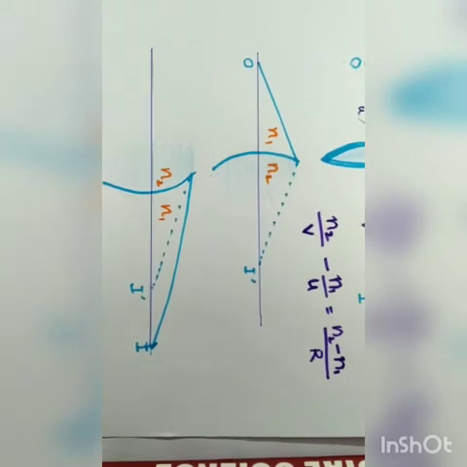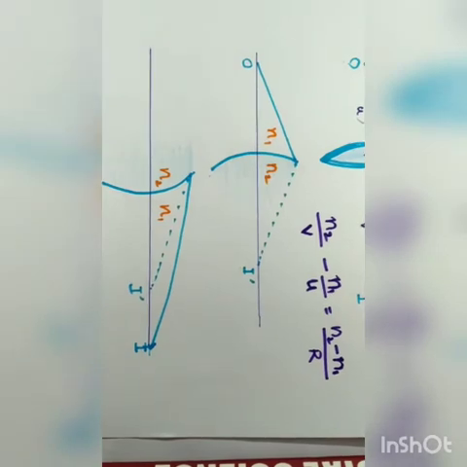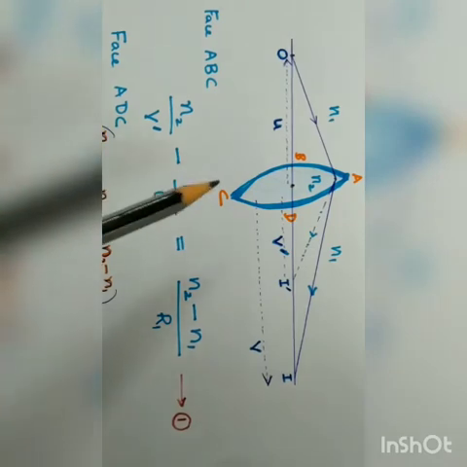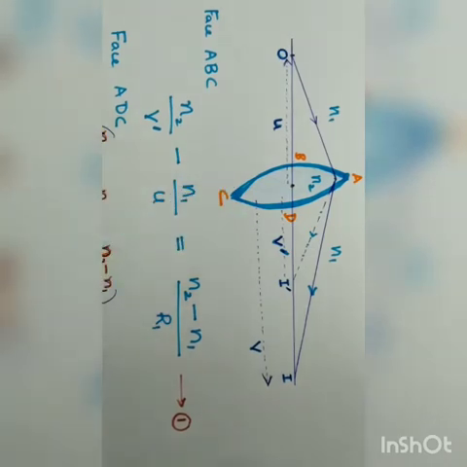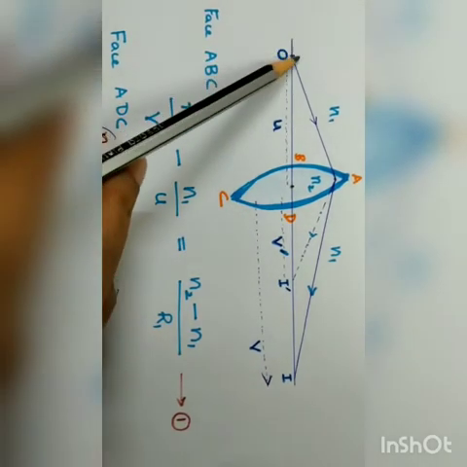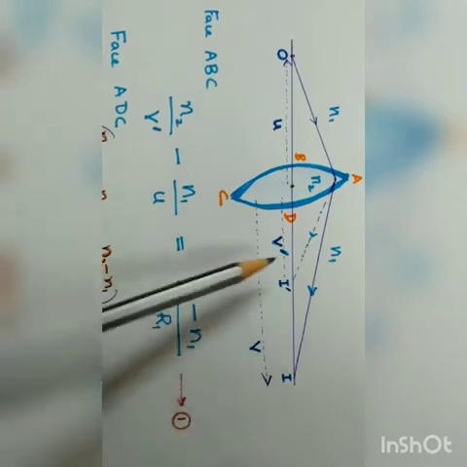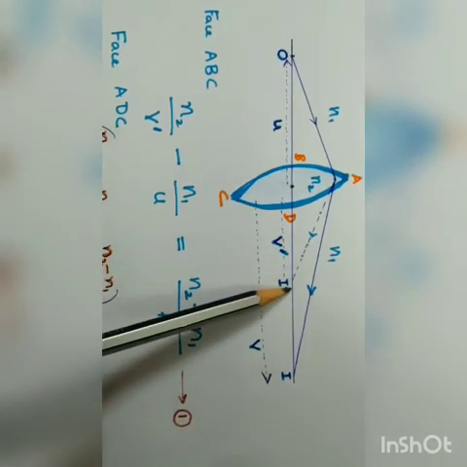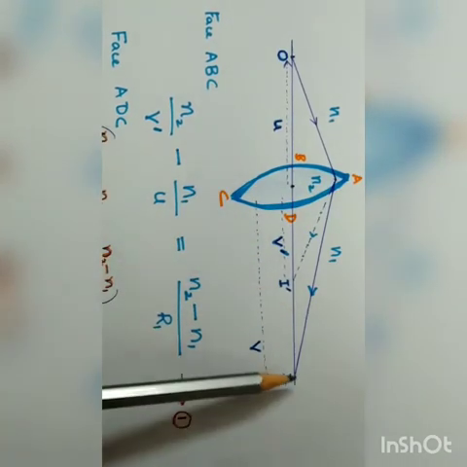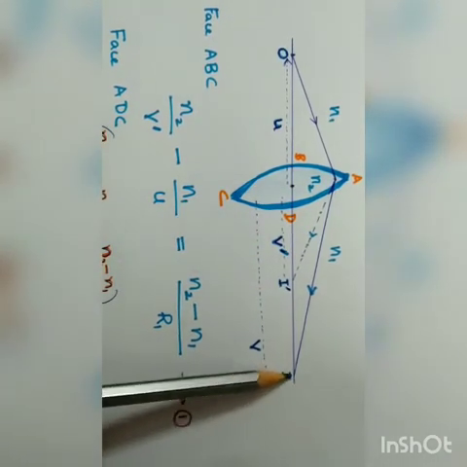So let us move on to the derivation of the lens maker's formula. Consider this diagram for the derivation. As I told you, this is a lens, with an object placed in front of it. First you get an image I dash. This acts as the object for the second face, and the final image I is formed.